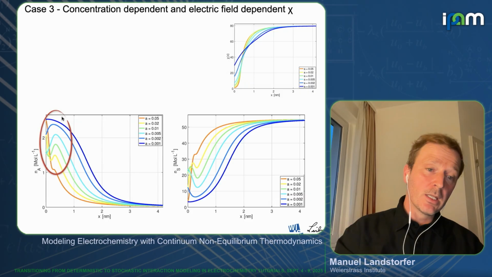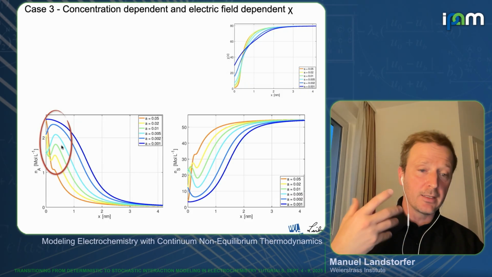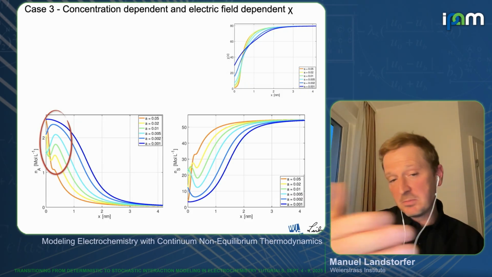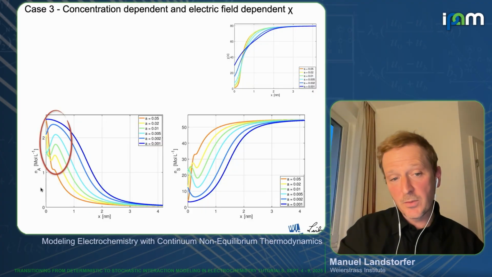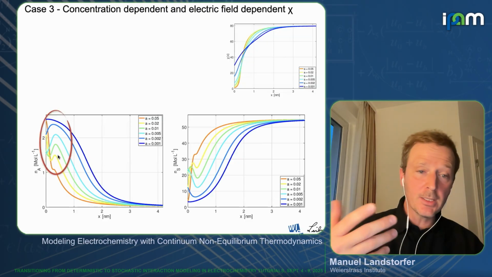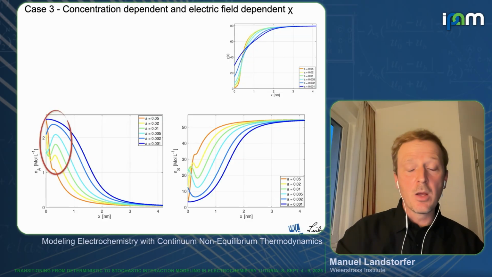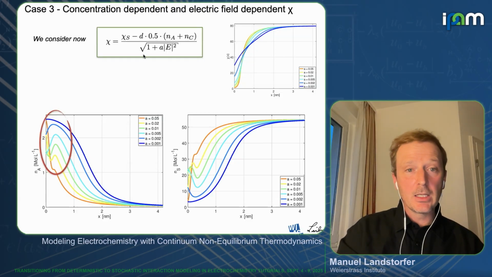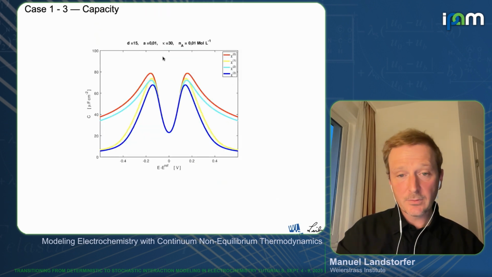But in principle, this should just show you that from a continuum thermodynamic point of view, you can still get this kind of, let's say, oscillations, however, just naturally by the self-consistent incorporation of concentration and field dependency.